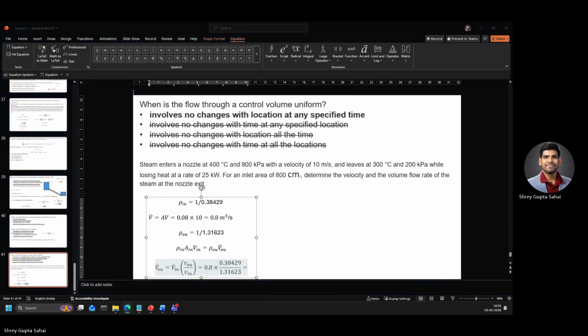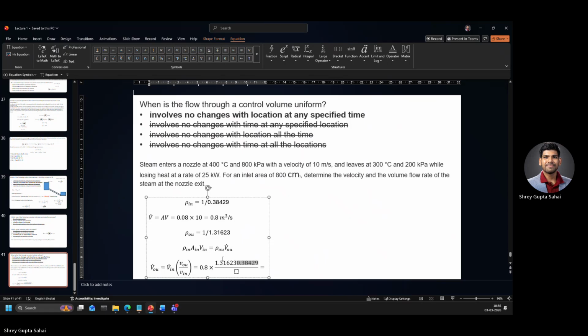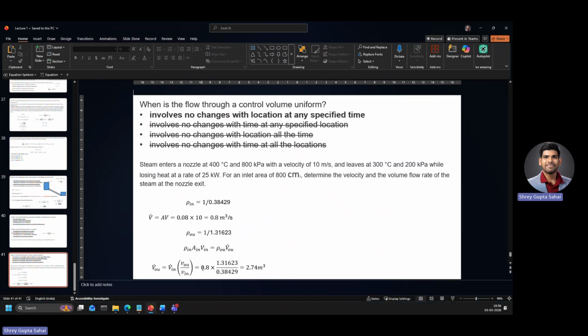Wait, this should be v out by v in, not v in by v out. In that case, the answer comes out to be 2.74 meter cube per second. What else is asked? Velocity. For this, I think we'll have to use, what do you say?